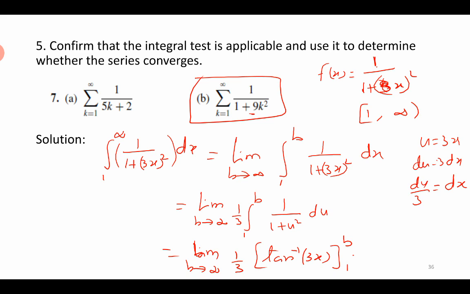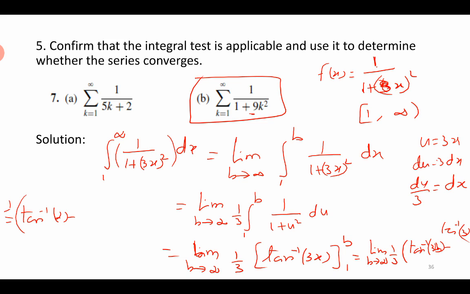Use the upper and lower limits. The limit as b goes to infinity of 1 over 3, upper limit tan inverse 3b, minus tan inverse 3. When b goes to infinity, tan inverse 3b will be tan inverse infinity.